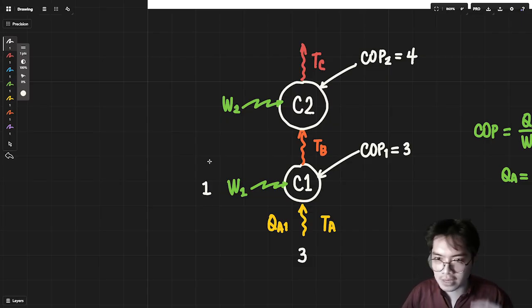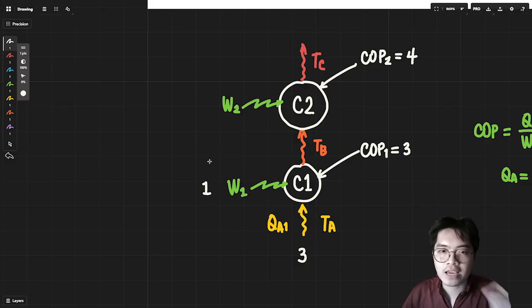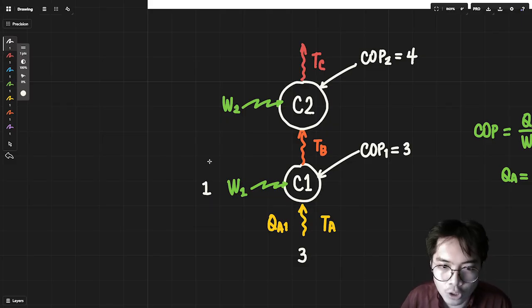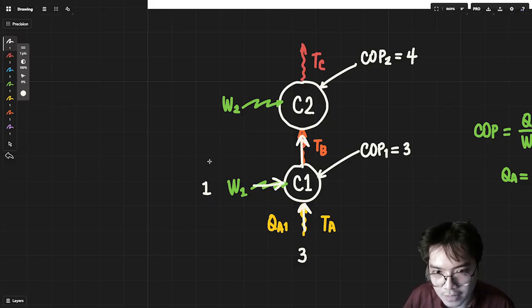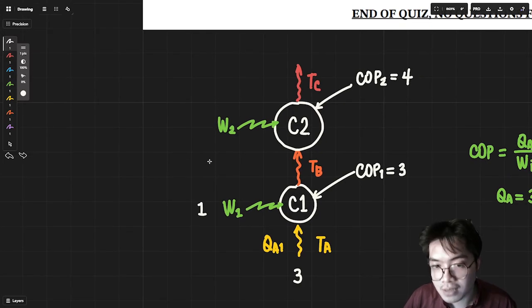Hopefully that's no big logical jump. And because energy is conserved, what goes in must come out. That means that if 1 and 3 go in, what must come out is 4.